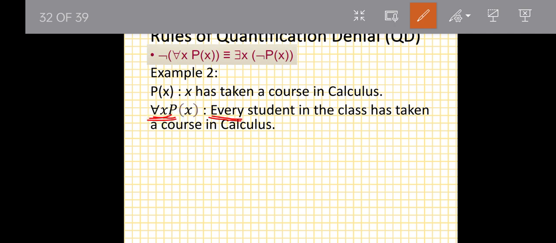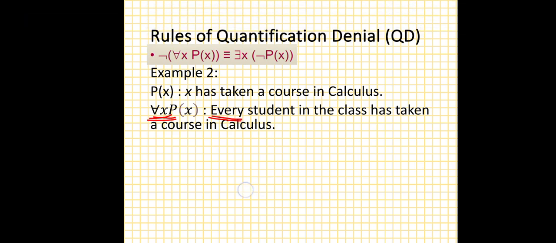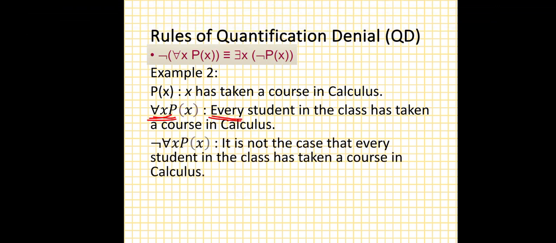For all x. So, every student in the class has taken a course in calculus. Now, negating this one, we have, it is not the case that every student in the class has taken a course in calculus. So, pwede ding no student in the class has taken a course in calculus.